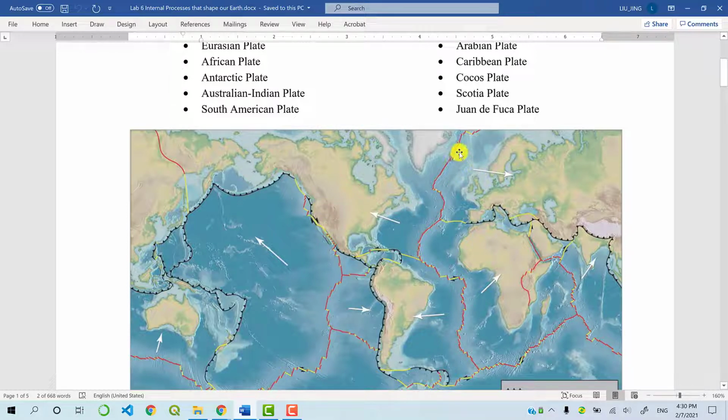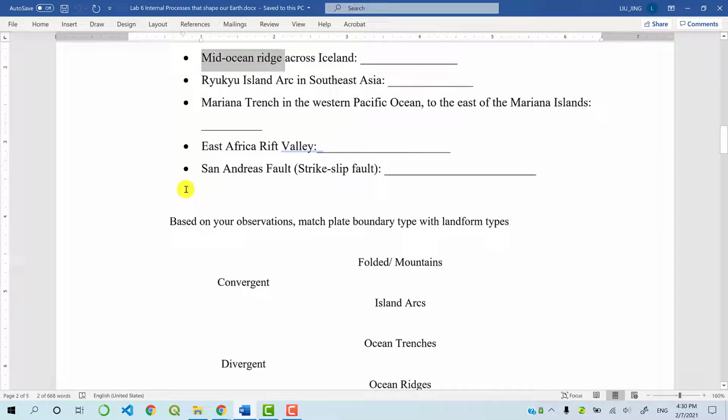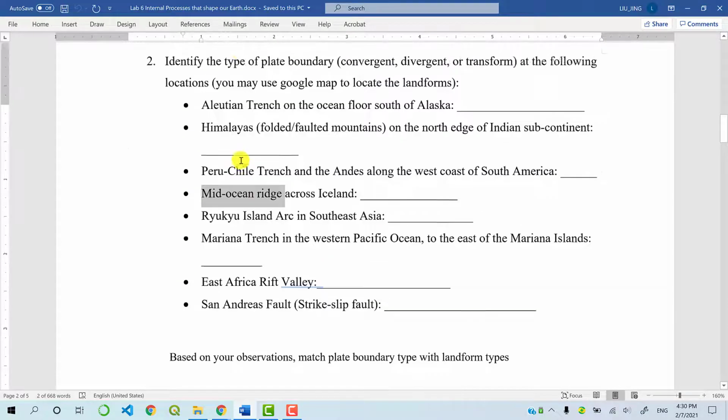Across Iceland, you have the arrows on this side going this way, on that side going that way. So what kind of plate boundary? Ryukyu Island is right here, extending from the south tip of Japan all the way to Taiwan.